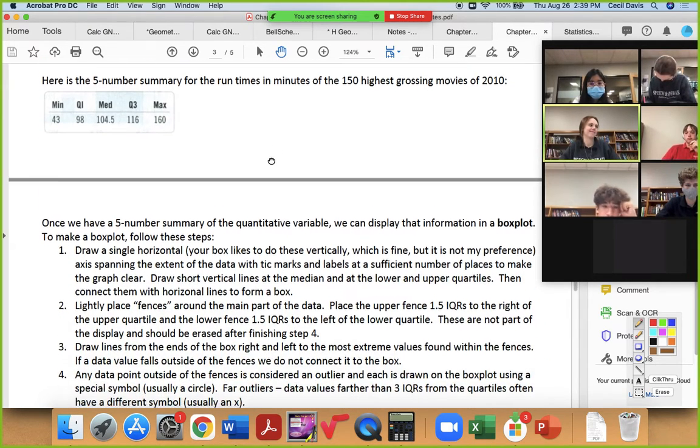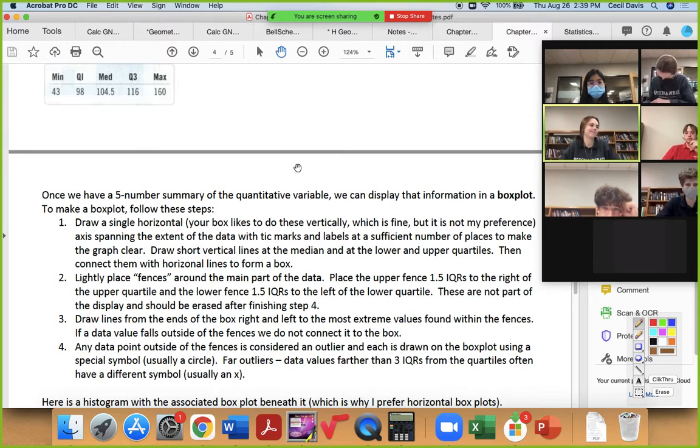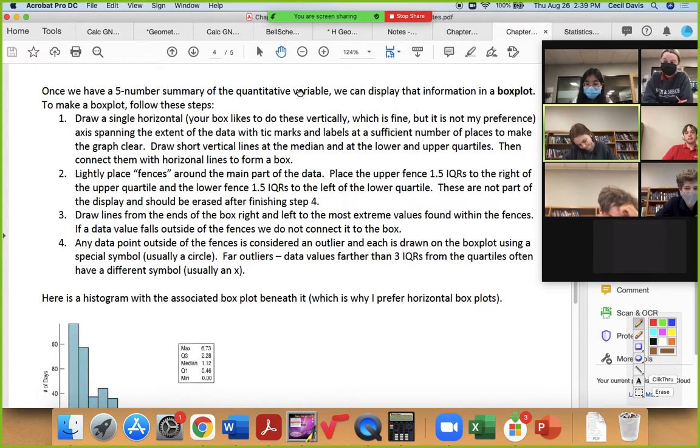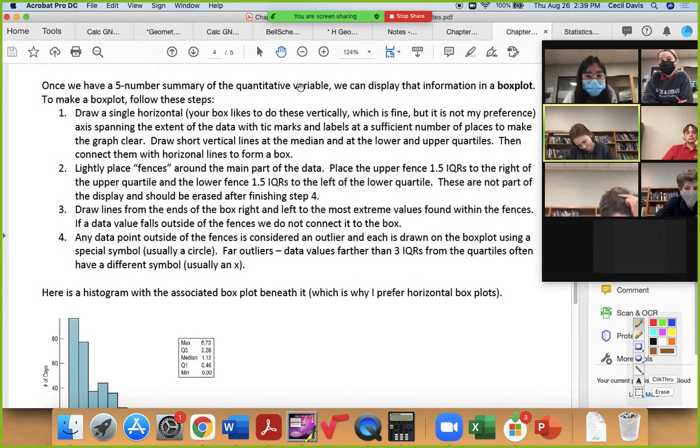All right. So what can we do with those? Well, we can draw a box plot. And you guys did box plots, again, in pre-algebra. We're going to do them slightly differently in this, but not a lot. Your book likes to draw vertical box plots, which I don't care for, but it's fine either way.